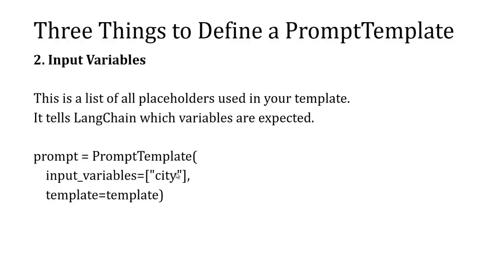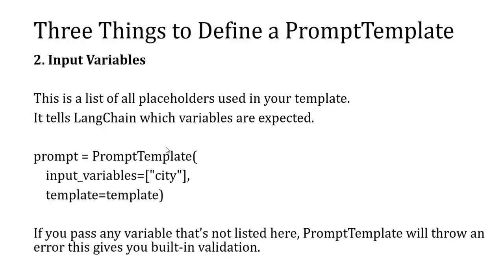Currently we are using only one placeholder, that's why only city, and template, which points to our template, which is the second parameter of this constructor, right? If you pass any variable that's not listed here, prompt template will throw an error. This gives you built-in validation, right? As we discussed earlier.